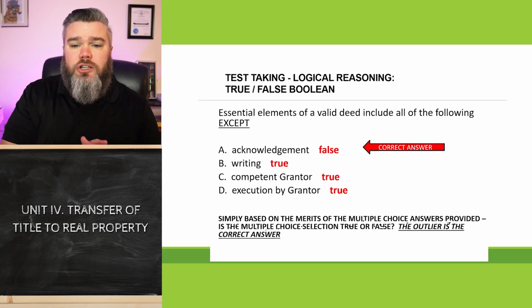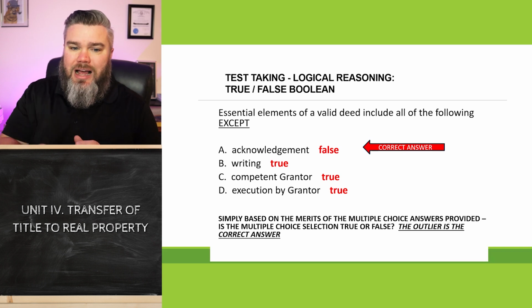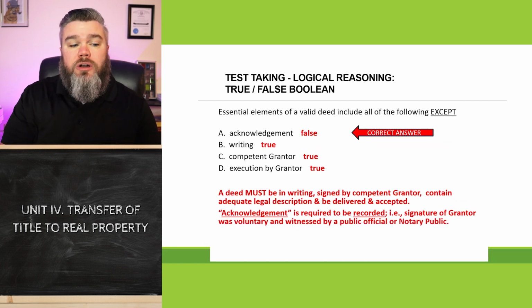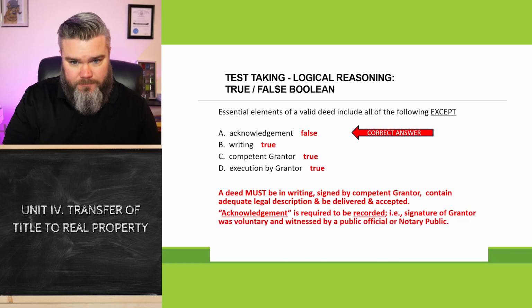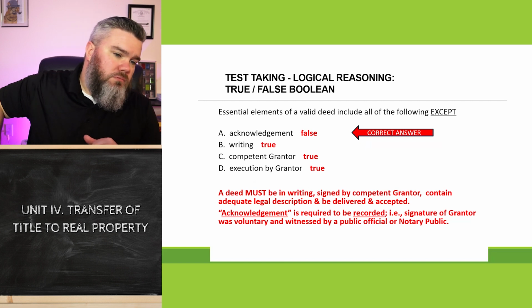Acknowledgement, remember, is a fancy word for notarized. A deed does not have to be notarized or recorded. However, if we want to record a deed, it has to be notarized in order to be recorded. You cannot record anything without it being notarized.